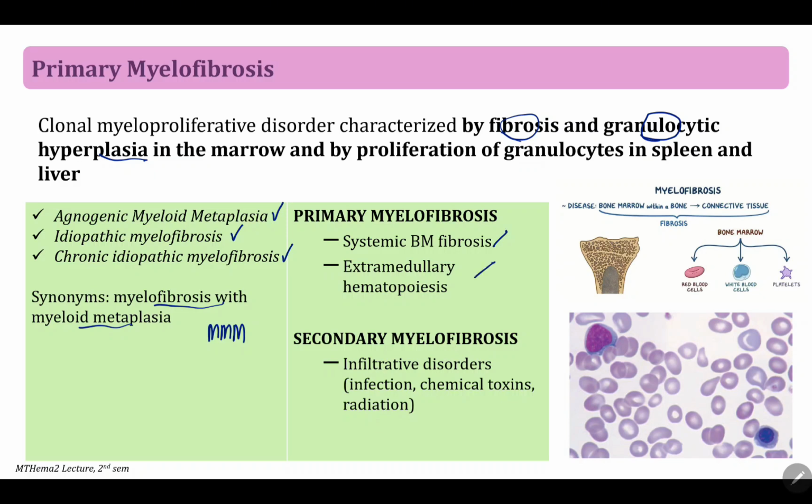Your secondary myelofibrosis, from the name itself, secondary, is caused by infiltrative disorders, including malignancies and infections, or exposure to chemical toxins or radiation. Now, in this case, the blood-marrow barrier is disrupted in the course of your myelofibrosis.